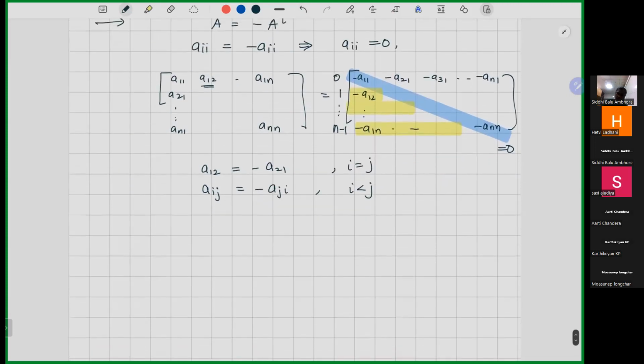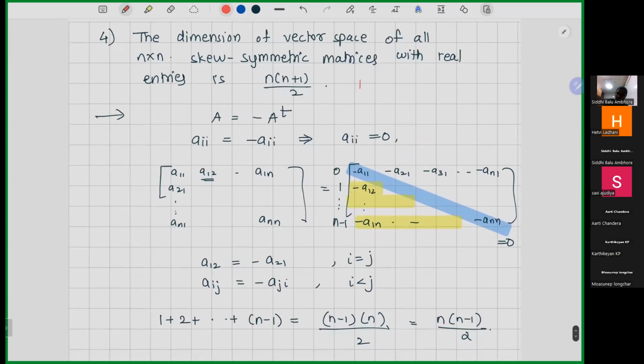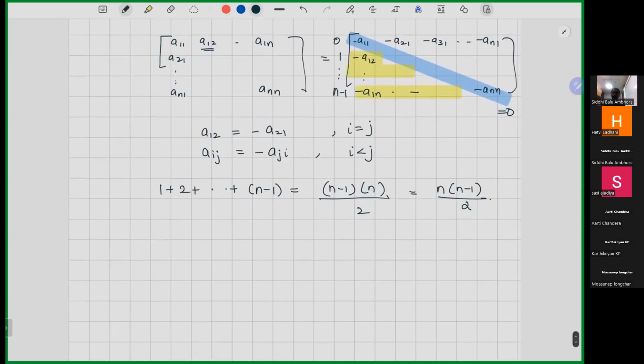So it is addition of 1 plus 2 up to n minus 1, which is n into n minus 1 by 2, and that's what we had suggested. So what they have asked here is false, okay? Because the dimension is n into n minus 1 by 2.